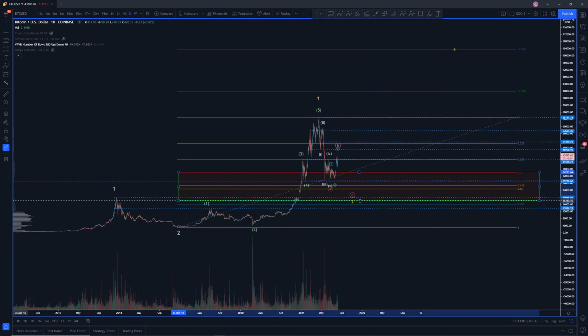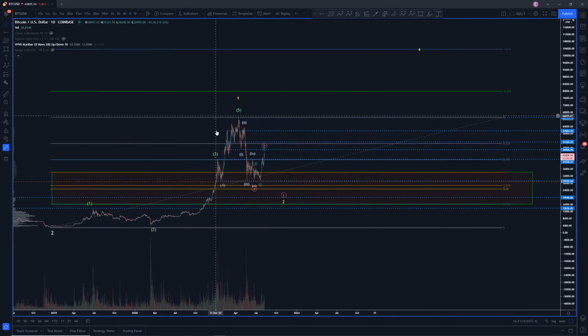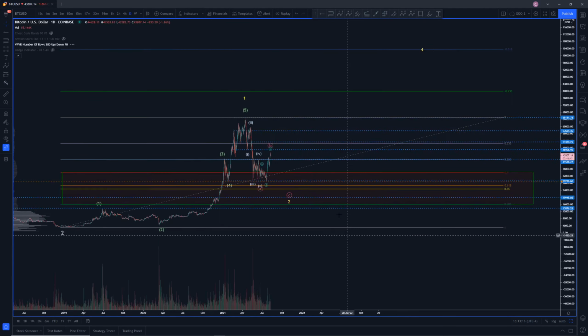And it's not uncommon for the price to come all the way down to this blue line into here. So overall, this is why I believe it's a 1, 2, and this is also giving me some idea that we could head down quite a bit further, maybe down to that $20,000 level that I was talking about earlier, which would be the bottom of our bear market.